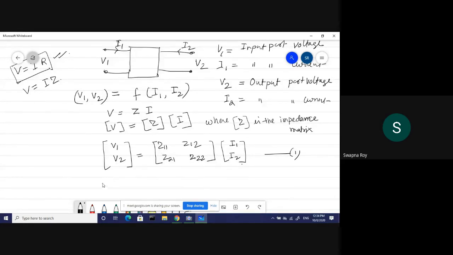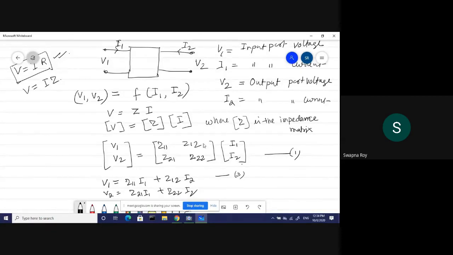So from this equation I can write V1 is equal to Z11 I1 plus Z12 I2. V2 is equal to Z21 I1 plus Z22 I2.